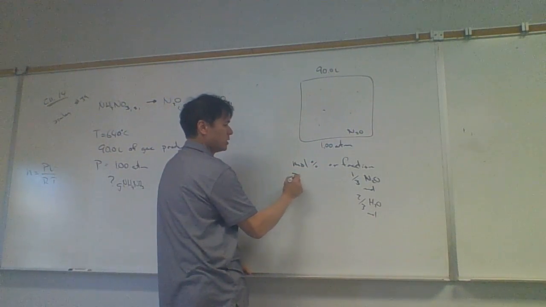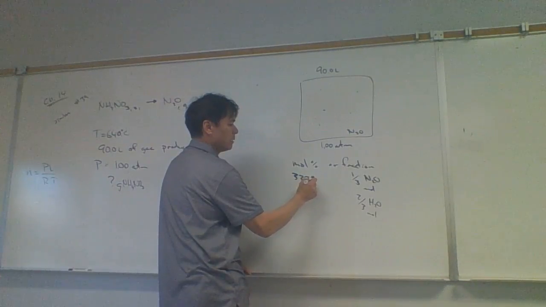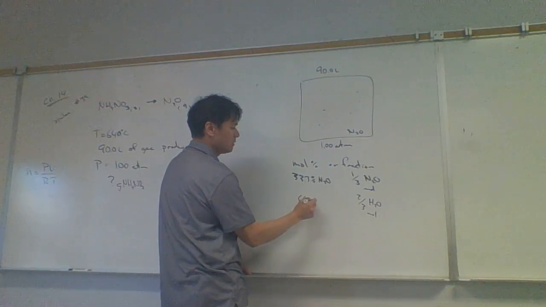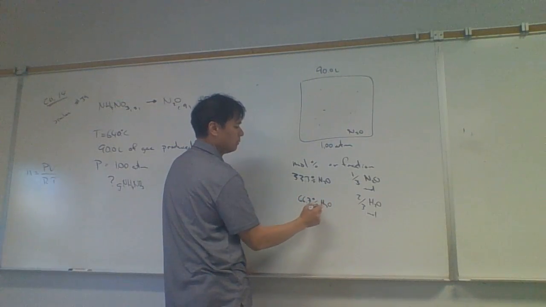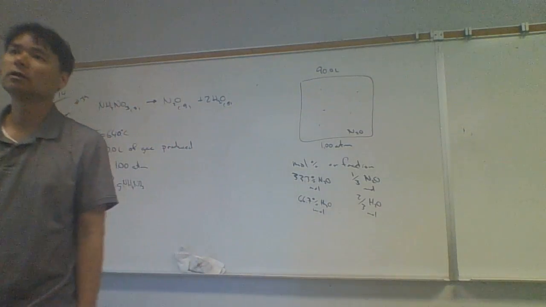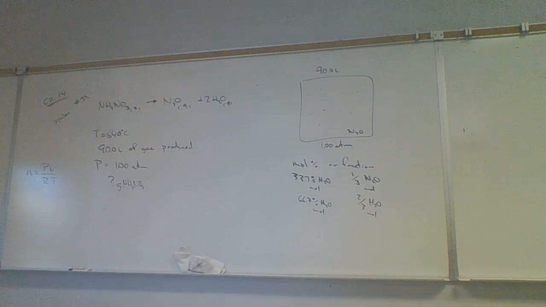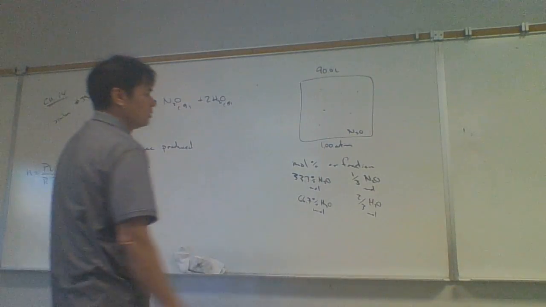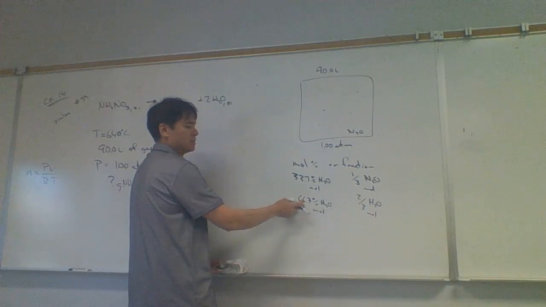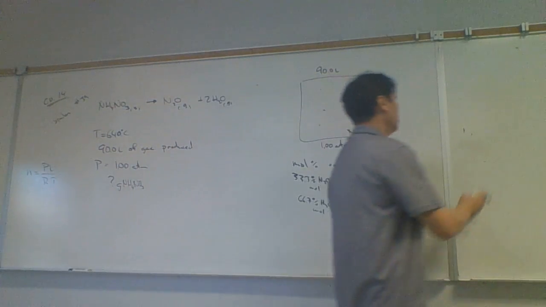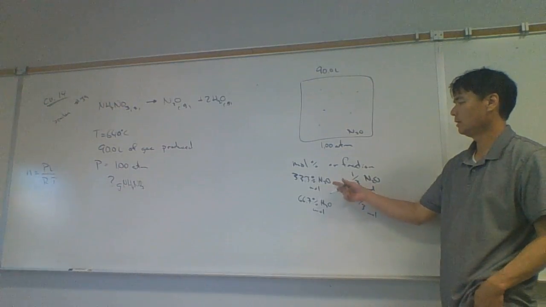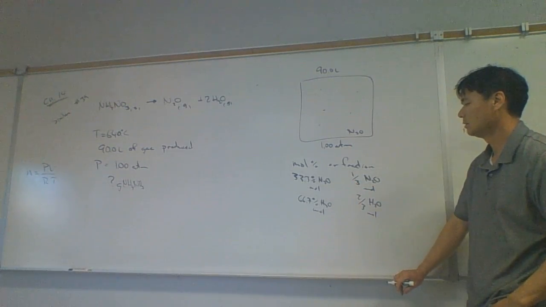As far as percentage goes, this would be 33% by mole N2O and 66.7% H2O by mole. It's a mole percent. That's always true, no matter what. So if I have 100 moles, 33.3 will be nitrous and 66.7 moles would be water. Or if I had 100 molecules, 33 nitrous, 67 water.